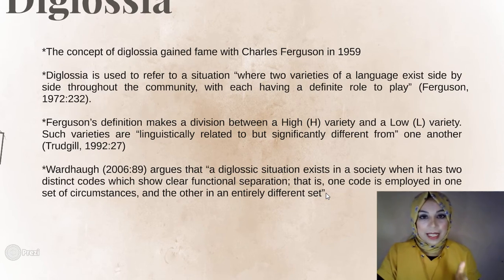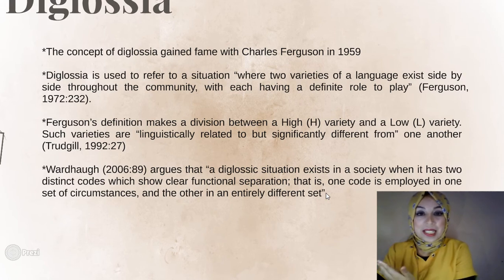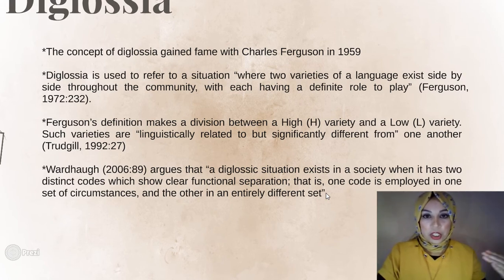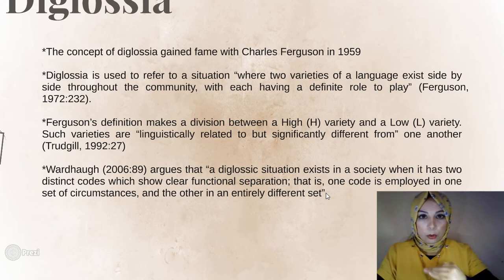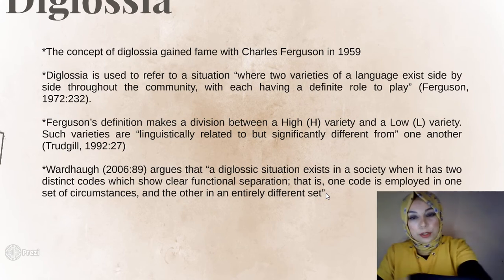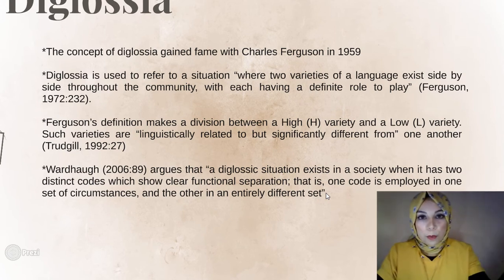The high variety is the superposed or standard language, which is classical Arabic, whereas all the other regional dialects or regional varieties are called low varieties because they go below the high variety. They are used in lower circumstances than the superposed variety, which is very high.